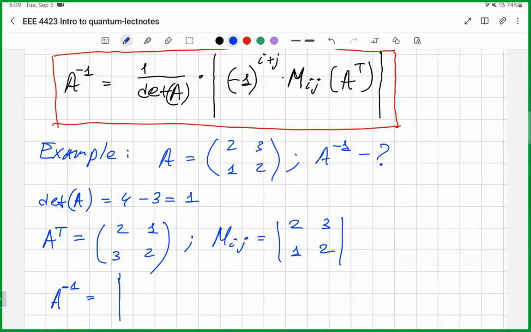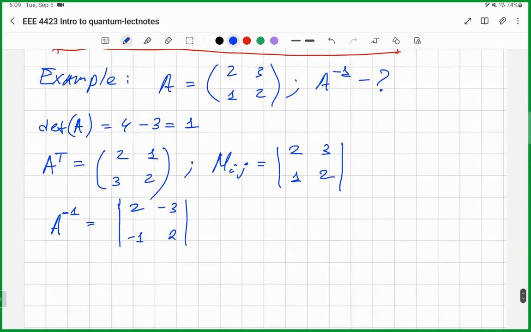So for the element 1,1, we obtain 2, since minus 1 to the power of 2 is plus 1. Then for the 3, we get minus 3. Then for the 1, we get minus 1. And for the last one, 2. So this is the answer. This is the inverse matrix to the initial one.